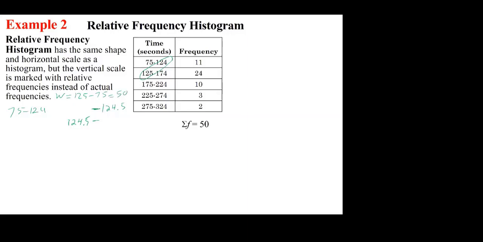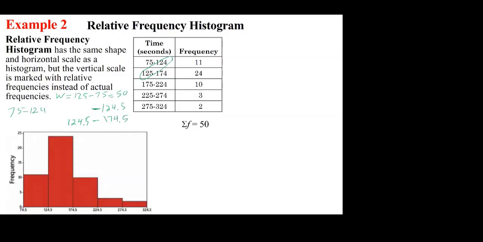So if you add 50 to 124.5, you get 174.5. You can subtract 50 from 124.5 and you get 74.5. And this is the histogram that you have. Very straightforward. And the largest one, of course, has the frequency of 24. So this number corresponds to 24, 11, 10, 3, and 2.